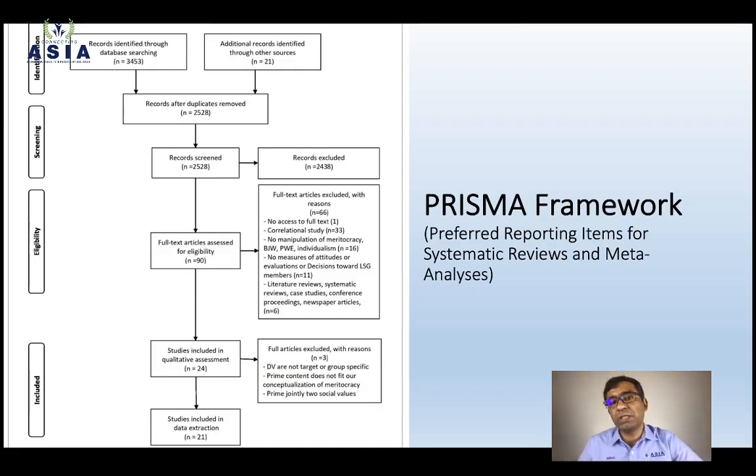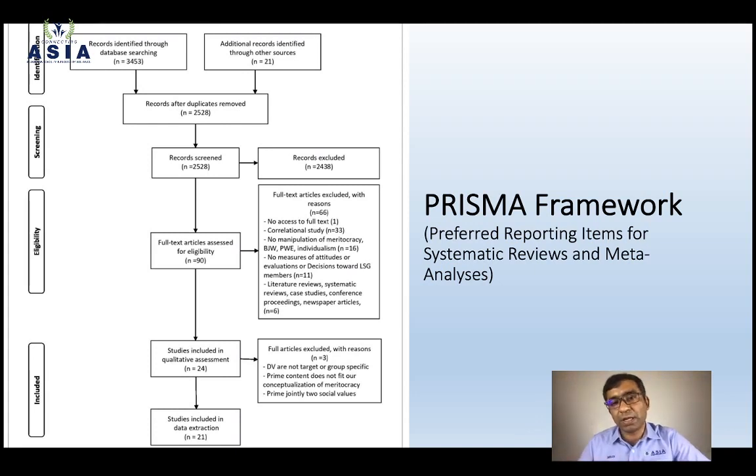So there are four stages. I will go through these stages, and then we will do some practice sessions on how each stage is different from the others. Let's move to the identification stage. Remember, a systematic literature review is basically to review all existing literature.